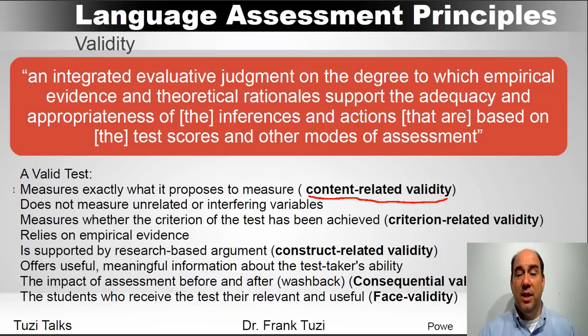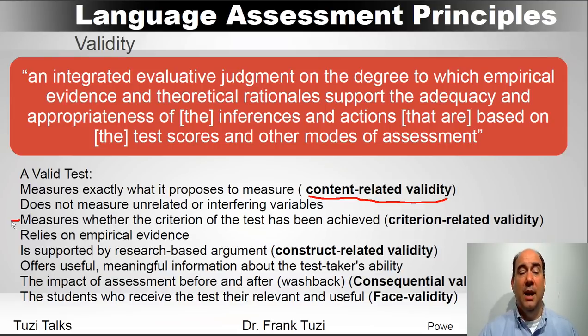So that's content-related validity. Does the test not measure unrelated or interfering variables, just as what I was mentioning before? In my case, it was vocabulary that I introduced into the test questions that my students didn't understand and caused them to choose the wrong answer. Had I chosen a different word or set of words that were understood by the students, then they would have been able to get the right answer. So that was content-related validity.